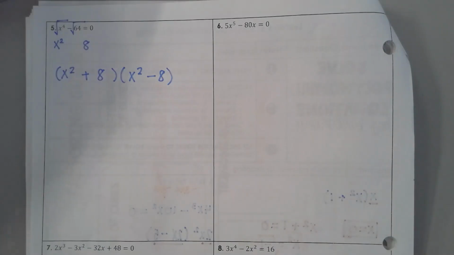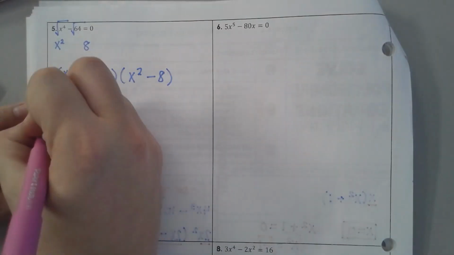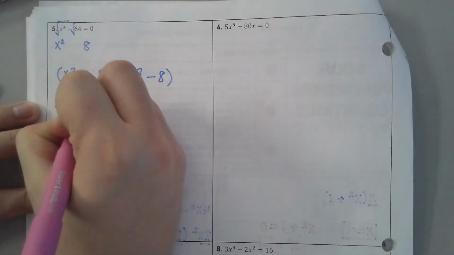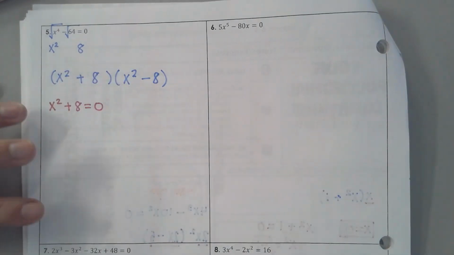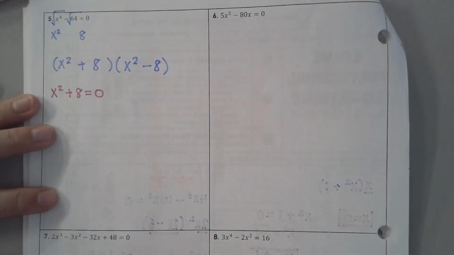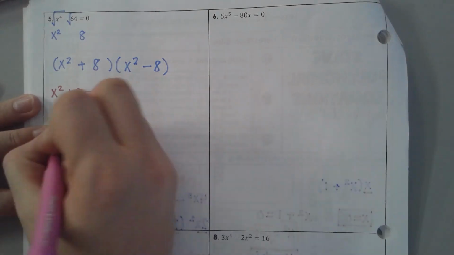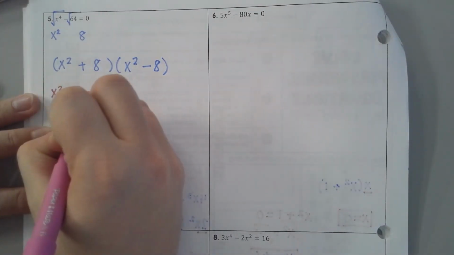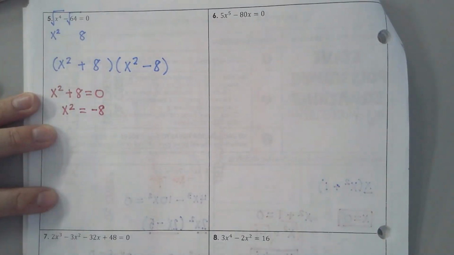So we're ready to set each one equal to 0. If I subtract 8, I get x squared equals negative 8.